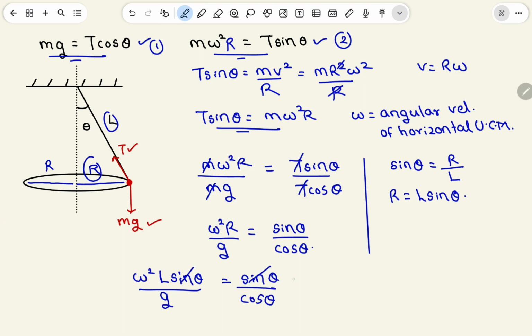Sin and sin get cancelled. So we have finally omega square is equal to g upon L cos theta. And from here we can write omega is equal to under root g upon L cos theta.